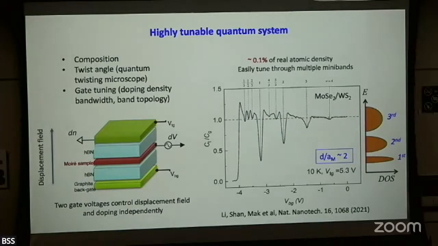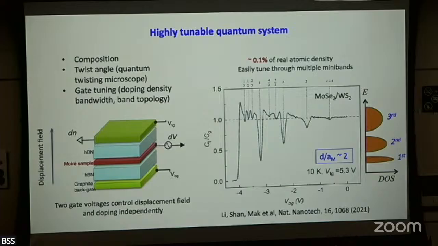So here's some example from this paper, for this heterobilayer combination. And this capacitance normalized by the geometrical value, if there's no interaction, you expect this to be flat 1, the geometrical value, right? But then you see dips on top of this baseline. And these dips are at 1, 2, 3, 4, up to 4 charges per Moiré unit cell.